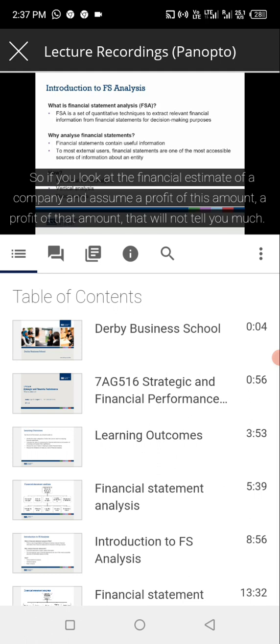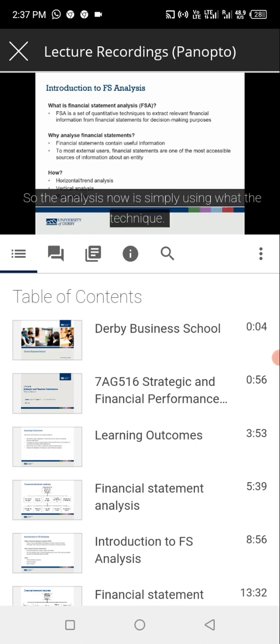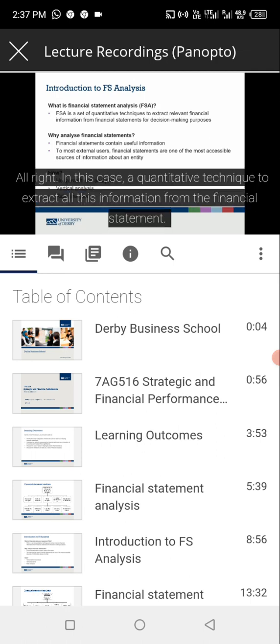So if you look at the financial statement of a company and it's showing a profit of this amount, a profit of that amount, that will not tell you much. So the analysis is simply using a technique, in this case a quantitative technique, to extract all this information from the financial statement.